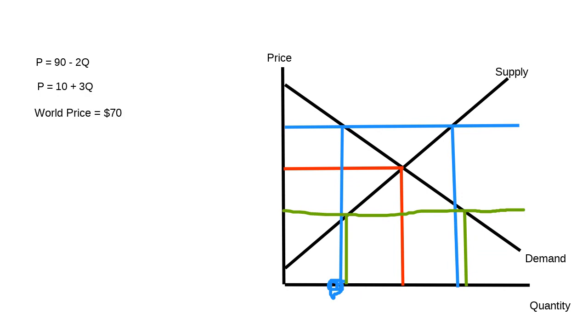Well, we can very easily figure out what quantity demanded and quantity supplied is. We can take the world price, plug it into the demand equation, do some algebra and find out that quantity demanded is equal to 10.